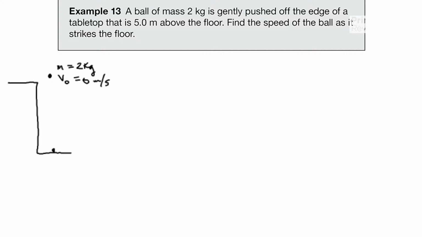We're interested in that final speed, and we know the height that this is dropped from, which is that 5 meters. So the only force present here is going to be gravity, right? This is basically a free fall problem, and if gravity is the only force present, energy is conserved. So we can set up the problem using what we saw in the previous slide.